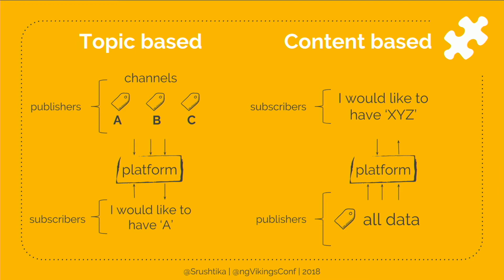So in this case, we have channels A, B, and C, and they would publish different data in all three different channels. So they would publish one kind of data in A, other kind of data in B, and other kind of data in C. And as a subscriber, you're only allowed to choose one of these channels, and whatever is published in this channel, you will be notified or you will be given that data by the server. So it'll be pushed to you, right?